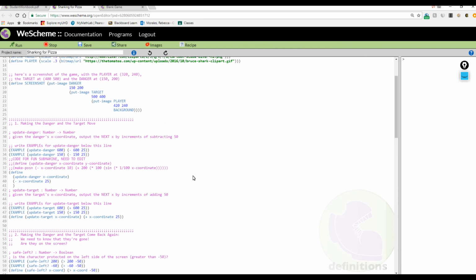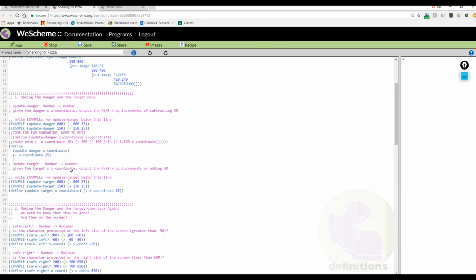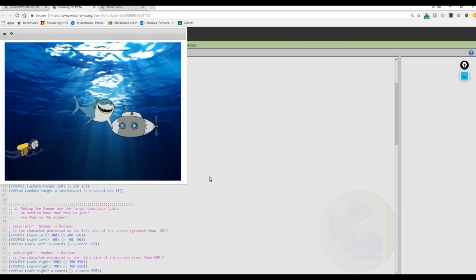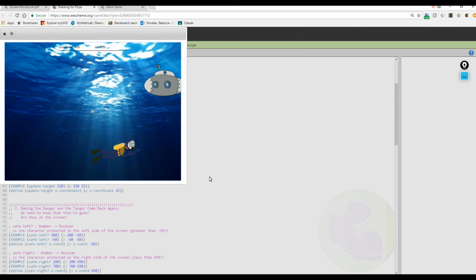I will say I did try doing some fun stuff with my game. I don't know if y'all have seen my game actually. So this is my game. This is my shark, and he is chasing the scuba diver and trying to avoid the submarine. Notice that my shark can actually move left and right as well. That is something that you would have to practice on your own. That can get you some bonus points with your Bootstrap game if you'd like.